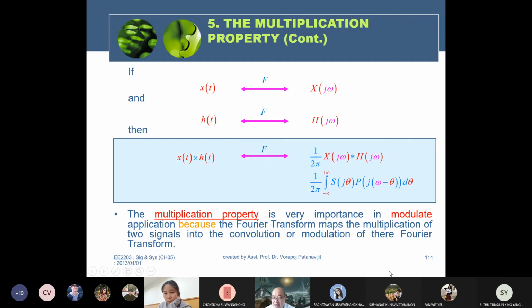It is very important in modulation because the Fourier transform maps the multiplication of two signals into the convolution, or the modulation, of the Fourier transforms. In general, when you would like to modulate any signal, we frequently multiply the signal with a sinusoidal waveform. It means you convolve with them, or you modulate them.